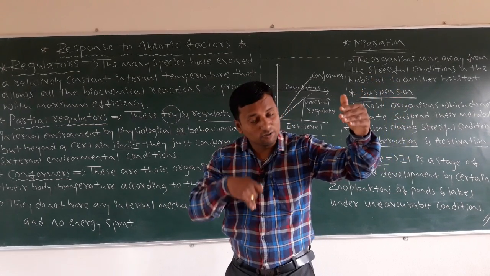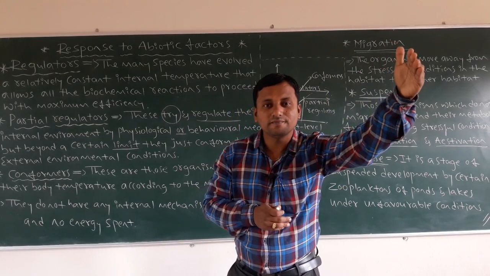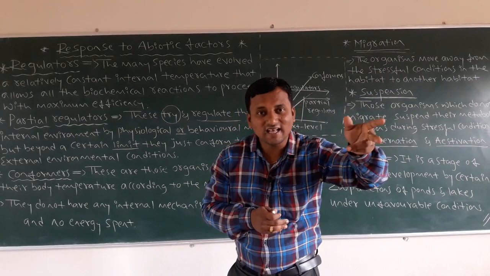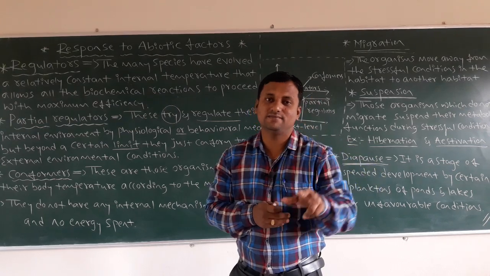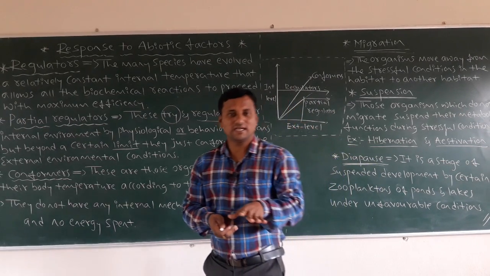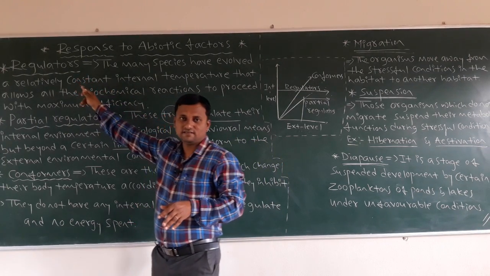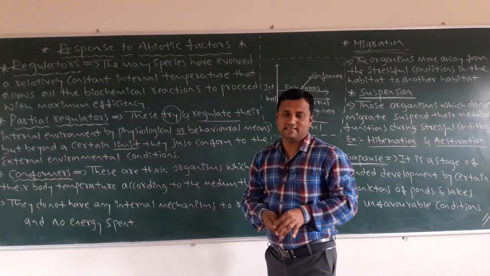If it is cold inside, then the external condition is hot. This type of regulatory mechanism is called homeostatic. Those homeostatic mechanisms are shown by regulators, but conformers are not like that.